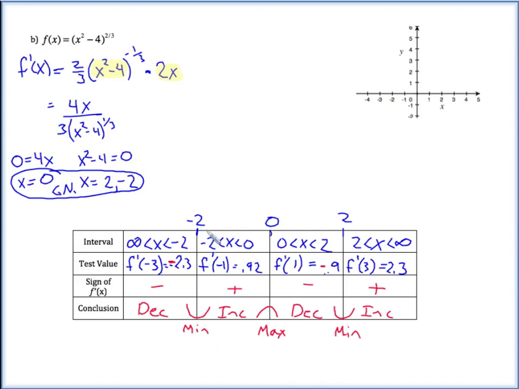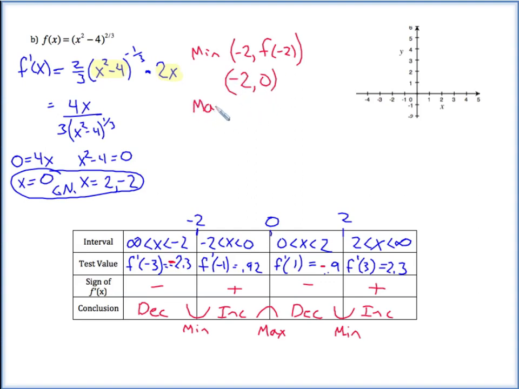Okay, now we just have to do a little bit of work substituting these values back in. So we're going to have a minimum at negative 2, f of negative 2. Negative 2 squared is 4, minus 4 is 0. So this is really at negative 2, 0.